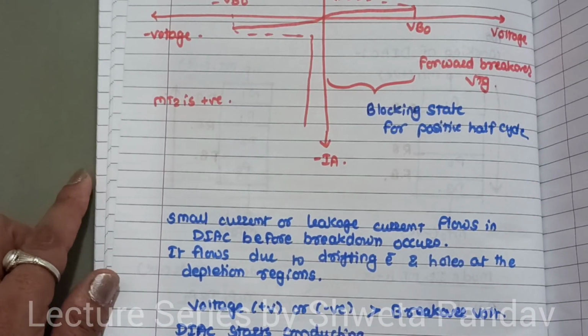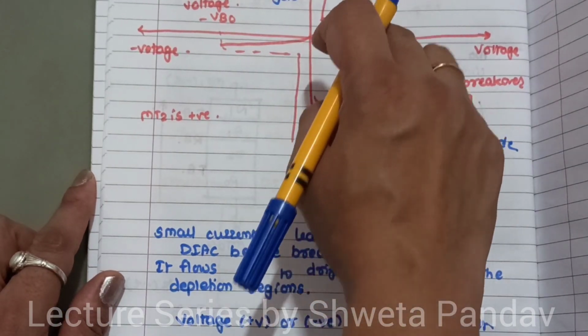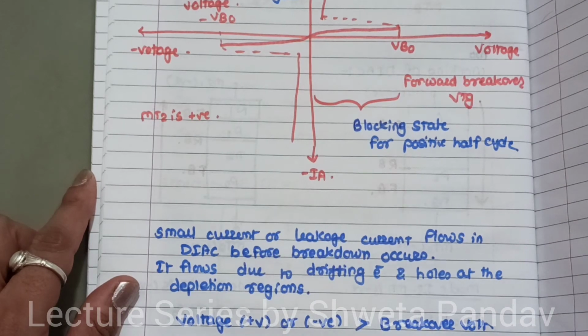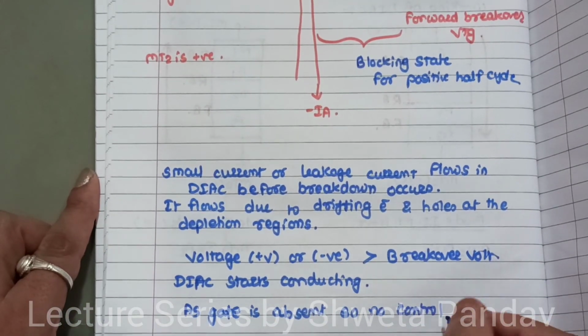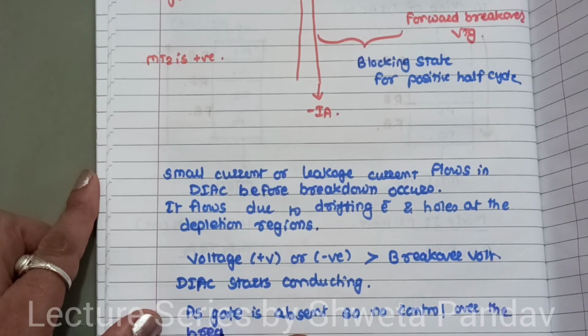As we don't have a gate terminal here, there is no control over the flow of current, so there is no control over the breakover voltage.